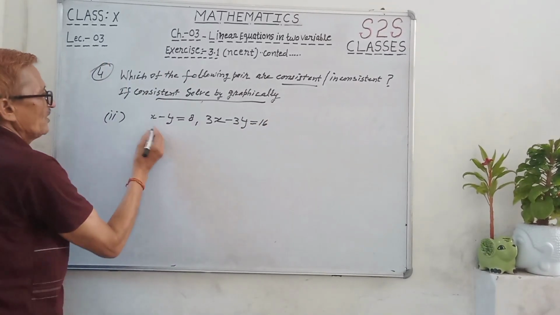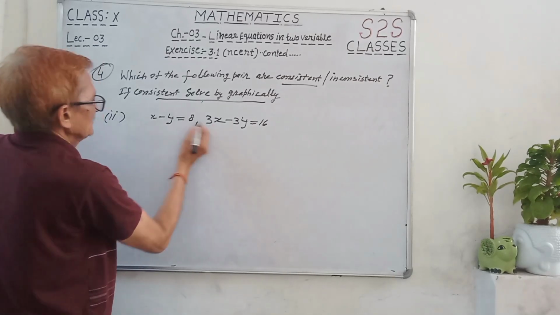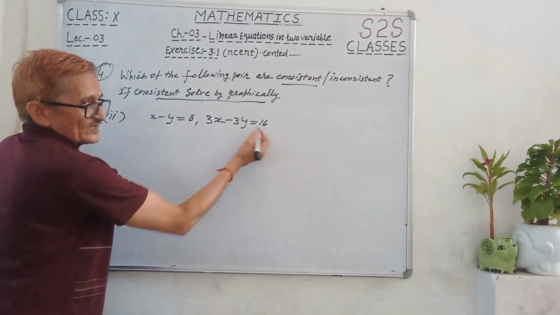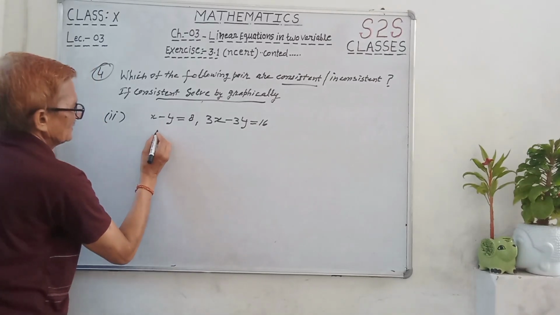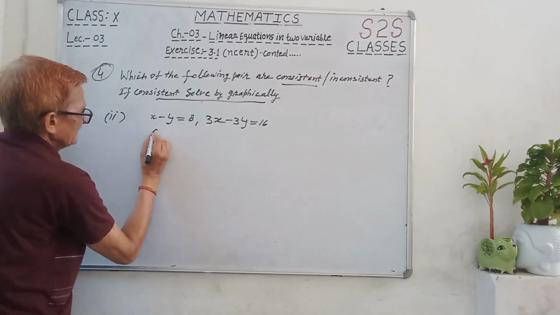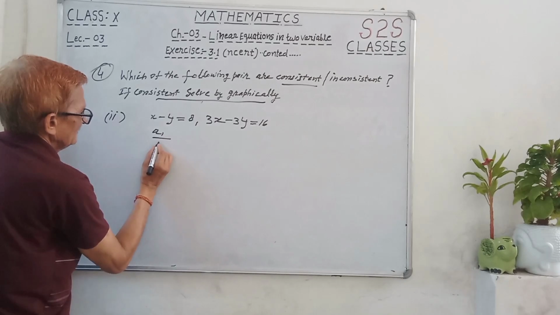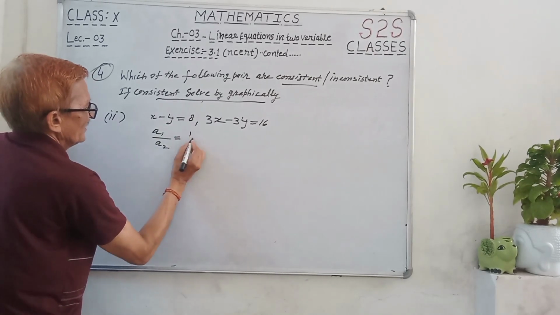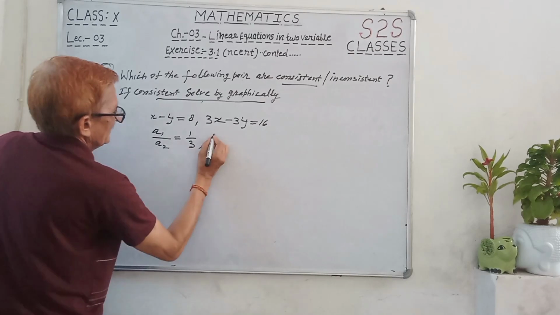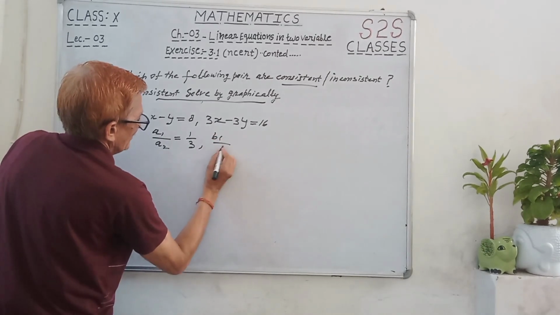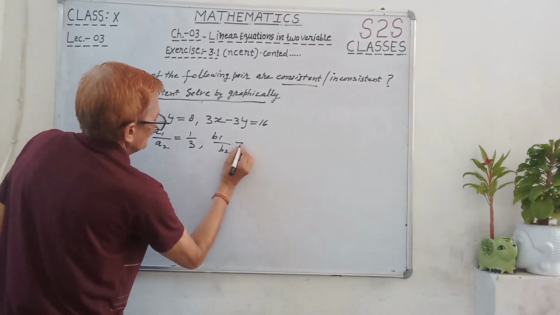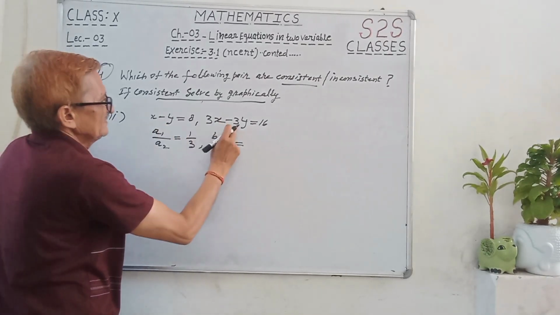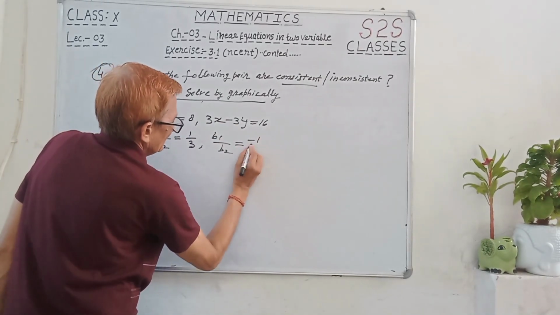You can observe this. a1 upon a2 we may find 1 upon 3. b1 upon b2, the coefficient of y in both, minus 1 upon minus 3, clear?